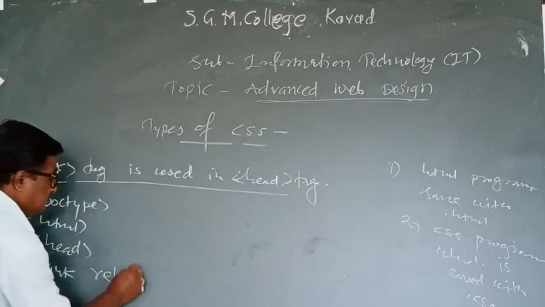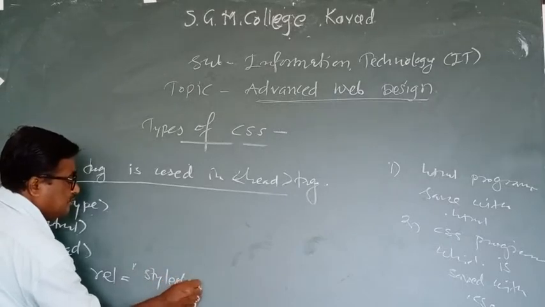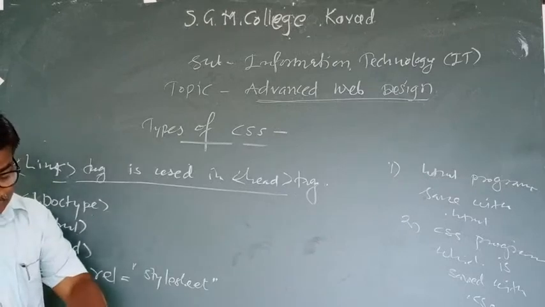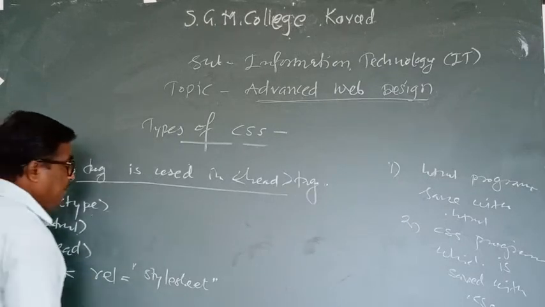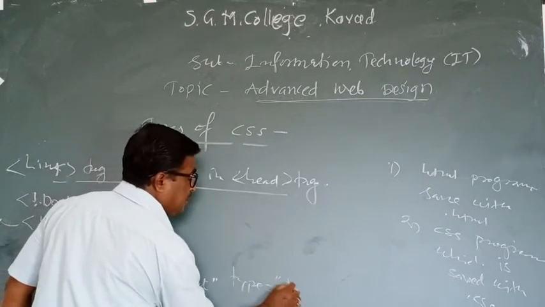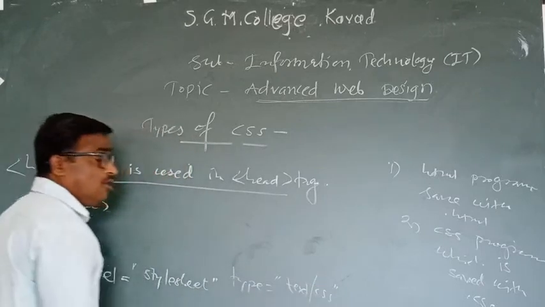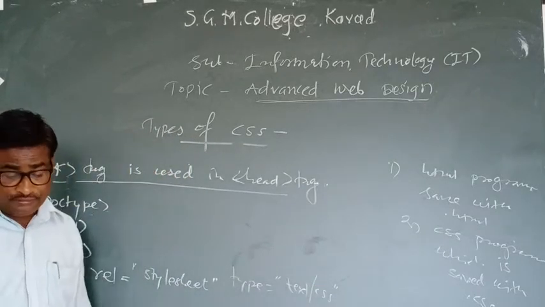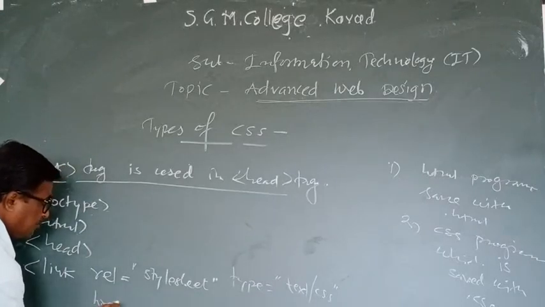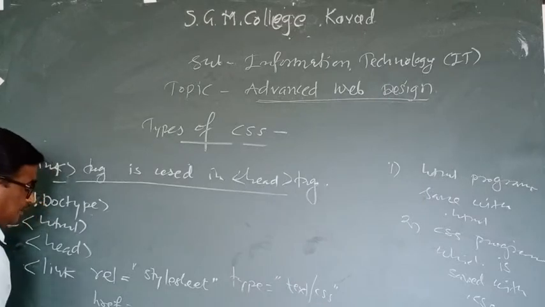The relation is written as stylesheet. Stylesheet, it is constant. We have to write stylesheet here. And the second attribute is type, which may be text or CSS. Okay, then the third attribute, href, hypertext reference. Href means hypertext reference.